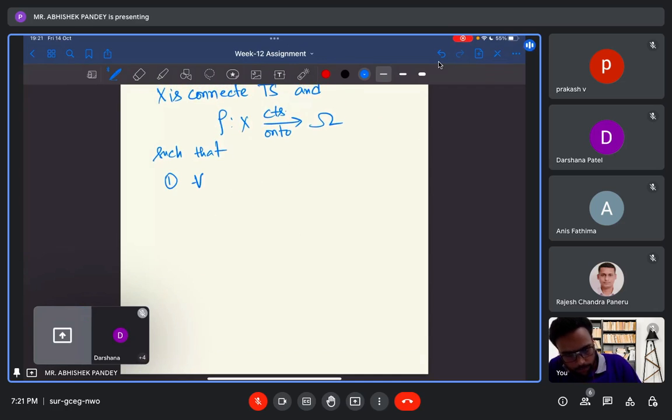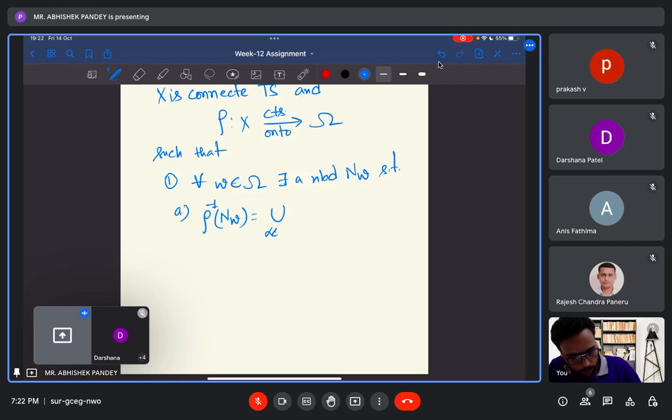First condition: for every w belongs to omega, there exists a neighborhood N_w such that rho inverse of N_w can be written as a union of components U_alpha, okay, and rho restricted over U_alpha, from U_alpha to N_w, is a homeomorphism.